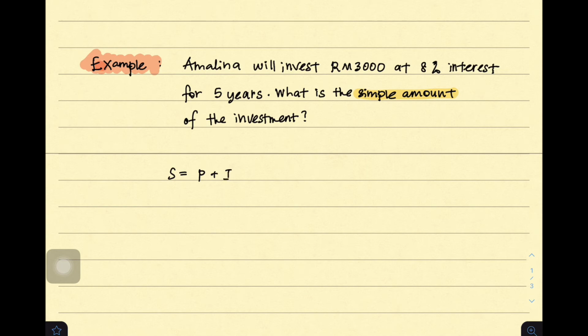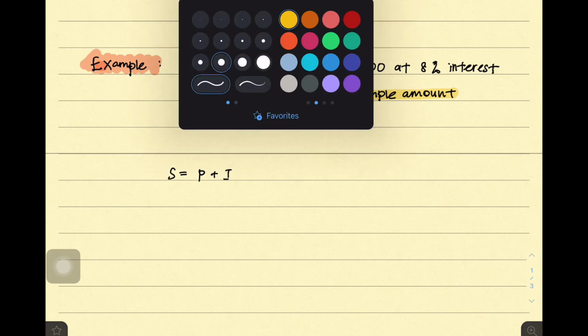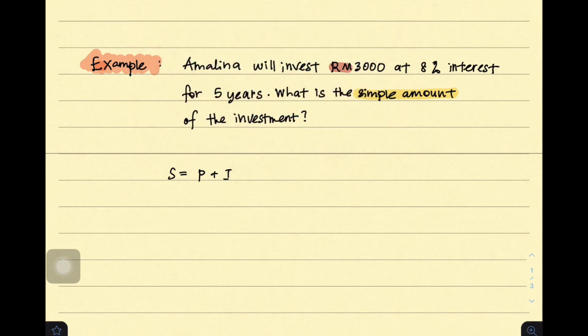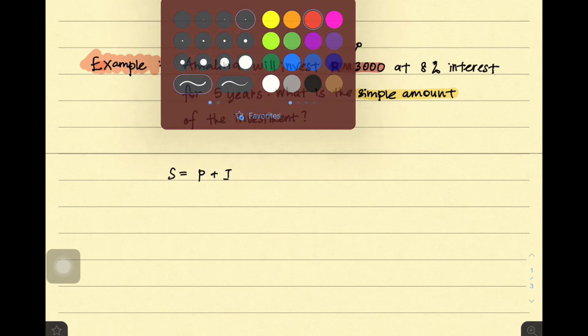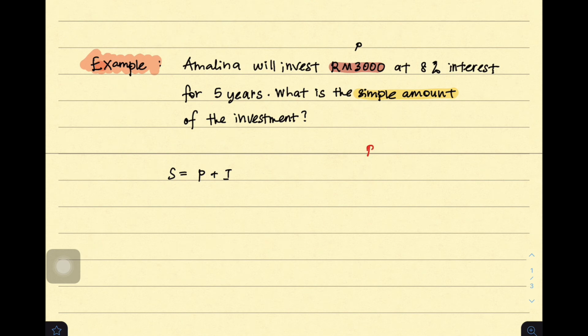So now kita nak collect semua maklumat yang kita ada kat dalam soalan. Okay, the first information that you have here is 3,000, where 3,000 is your principal. So let's note it here. P is equal to 3,000. Okay, next you have here the information which is your interest rate is 8%.